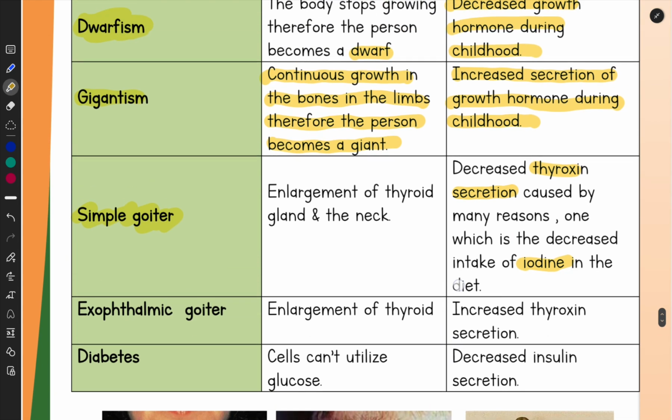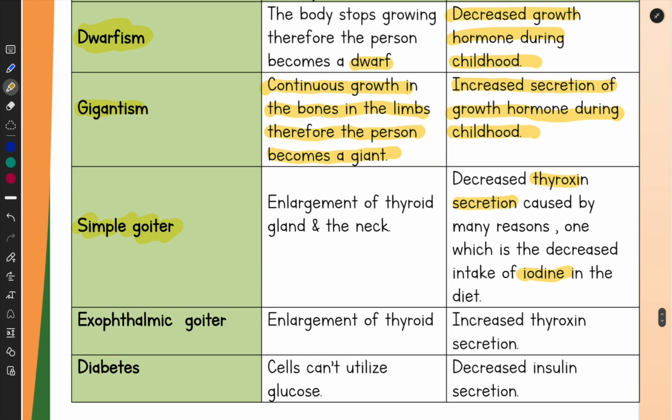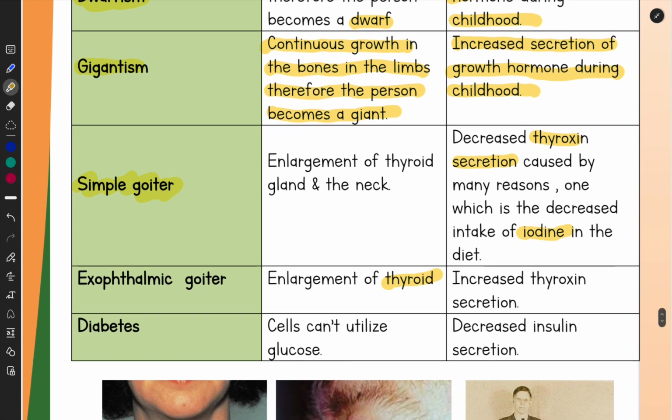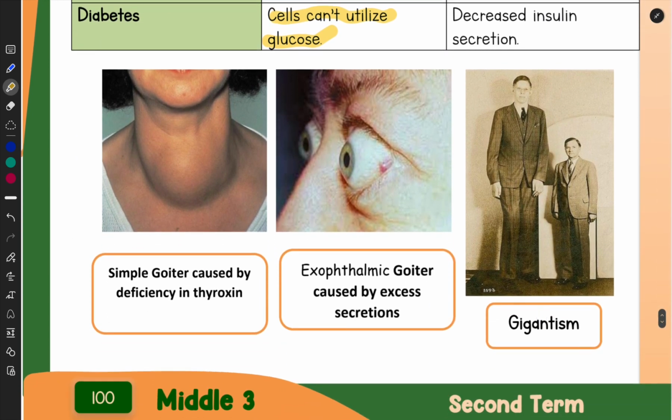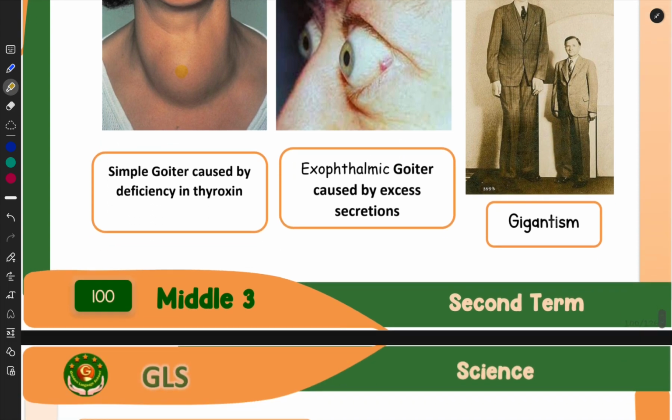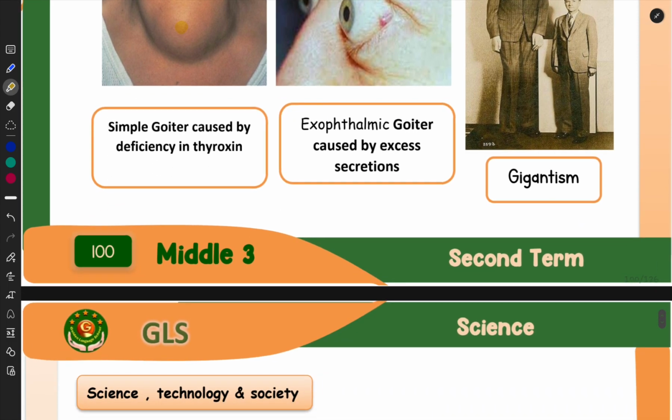Okay, exophthalmic goiter, enlargement of thyroid, increase in thyroxine secretion. Diabetes, of course, cells can't utilize glucose. This is because of the decrease in insulin secretion. Okay, some pictures of simple goiter. This is exophthalmic goiter caused by excess secretion, and gigantism and dwarfism, of course.